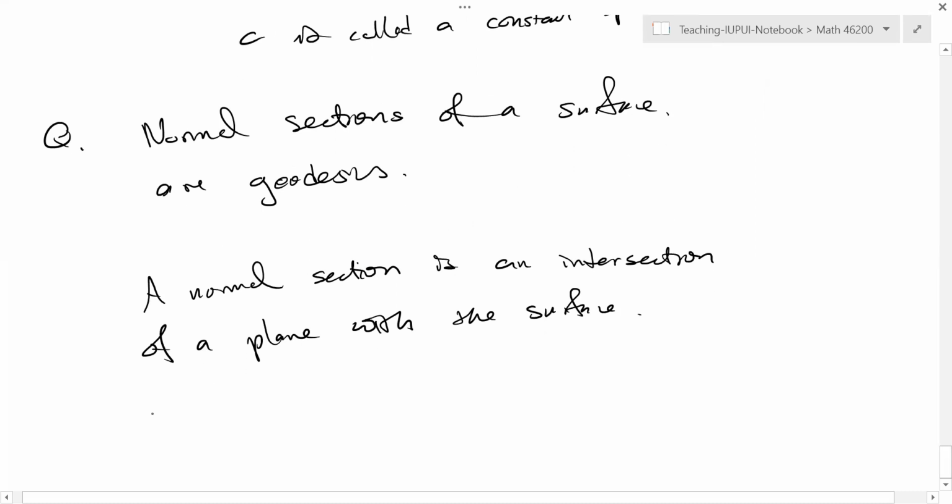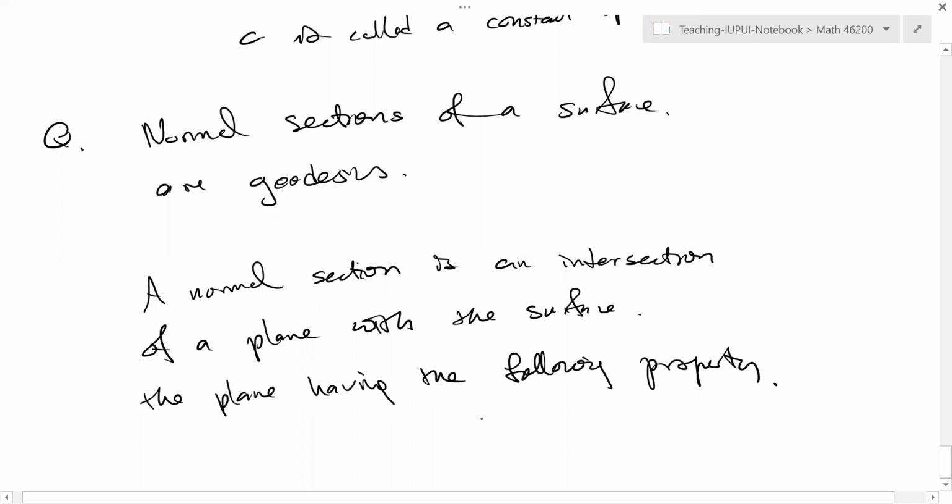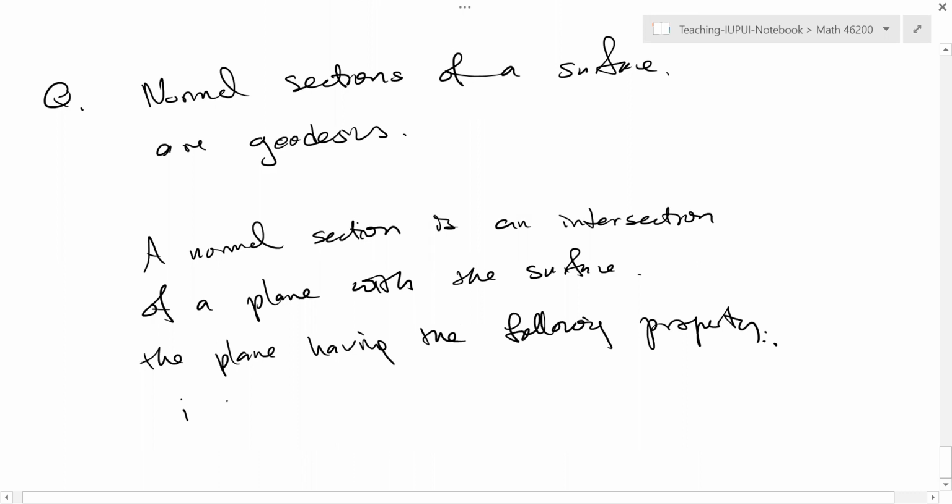The plane has the following property: it is perpendicular to the surface at every point, at every intersection point.